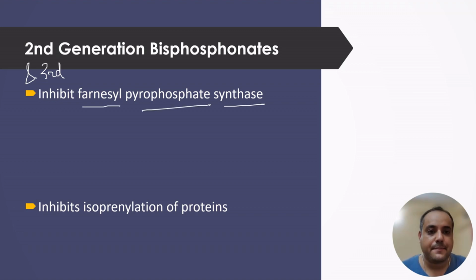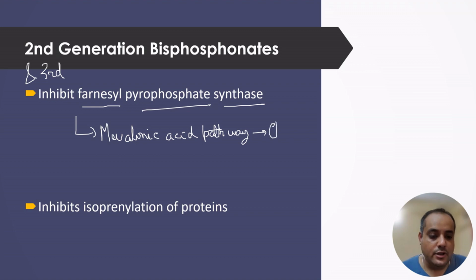This enzyme is an enzyme of the mevalonic acid pathway, and ultimately through this pathway there is cholesterol synthesis. So since this enzyme is inhibited, the synthesis of cholesterol will also be inhibited.